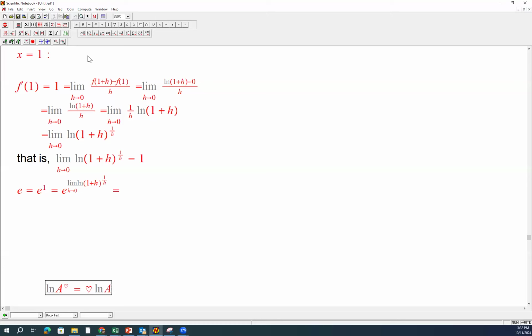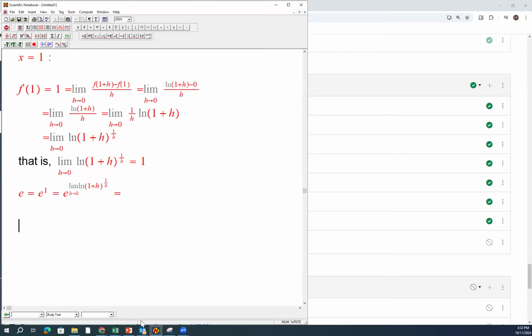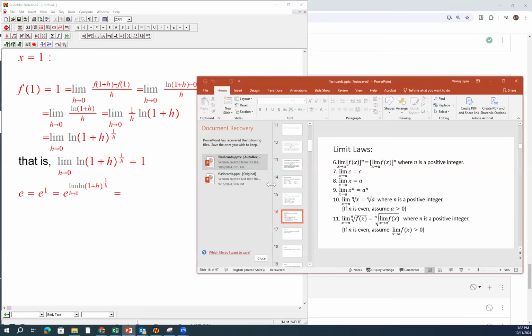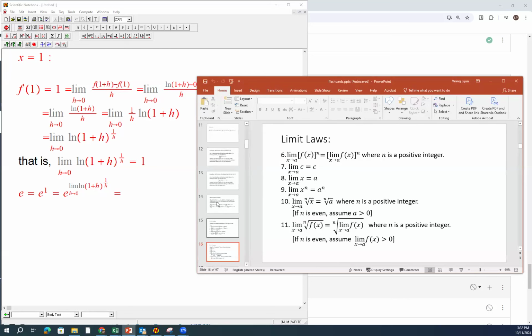As you can see, we got this limit. But we have learned another property back in the section on limits. I'm going to bring you the flashcards about that.